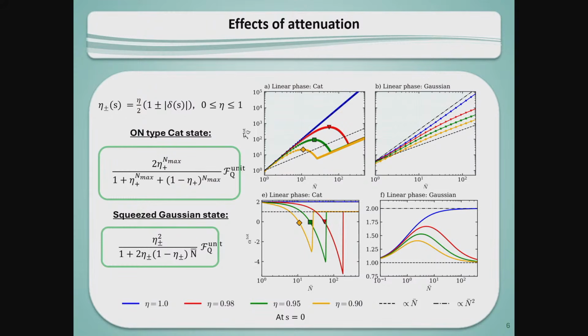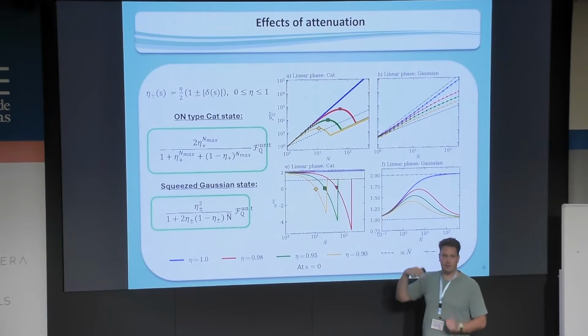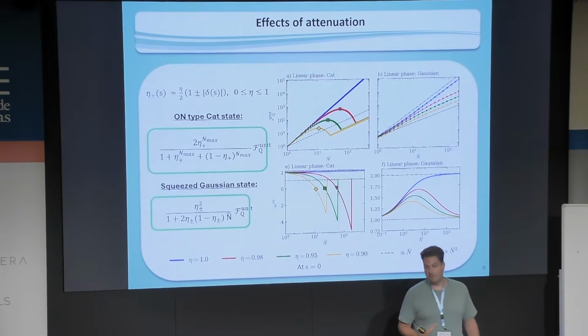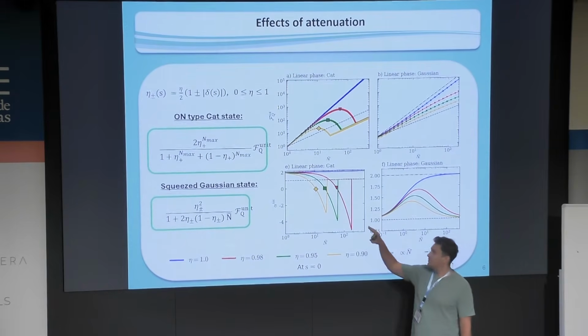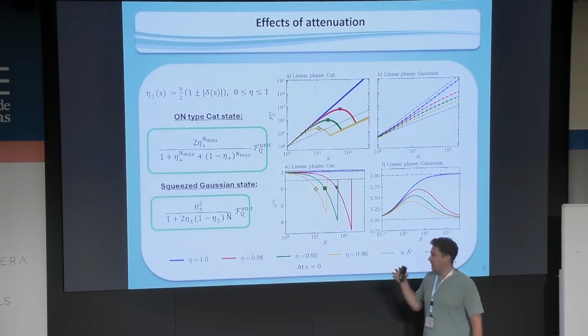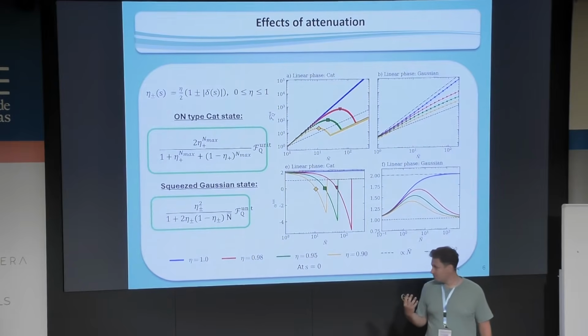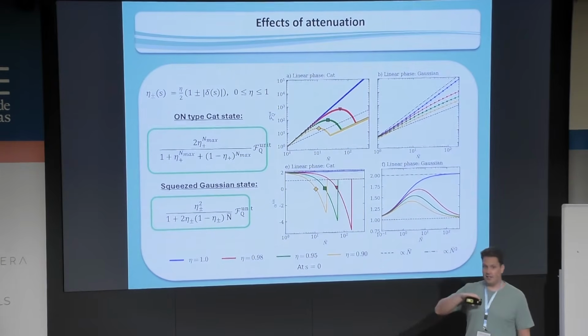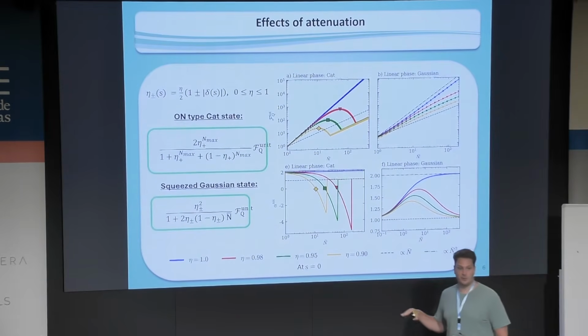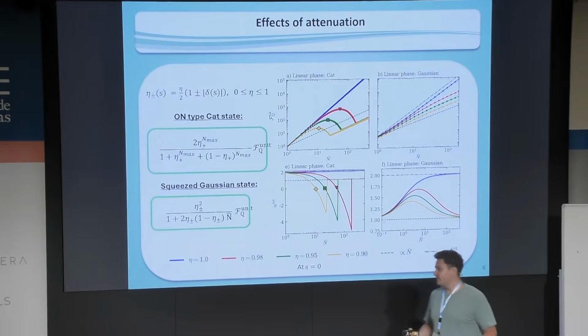This bottom plot, by the way, shows the scale factor. So the scale factor of 2 is what we're looking for. That's the Heisenberg term. We see that it starts off nice and quadratic. We have the quantum enhancement, but then it very sharply drops and goes back to just the linear standard quantum limit, which is the classical scaling.